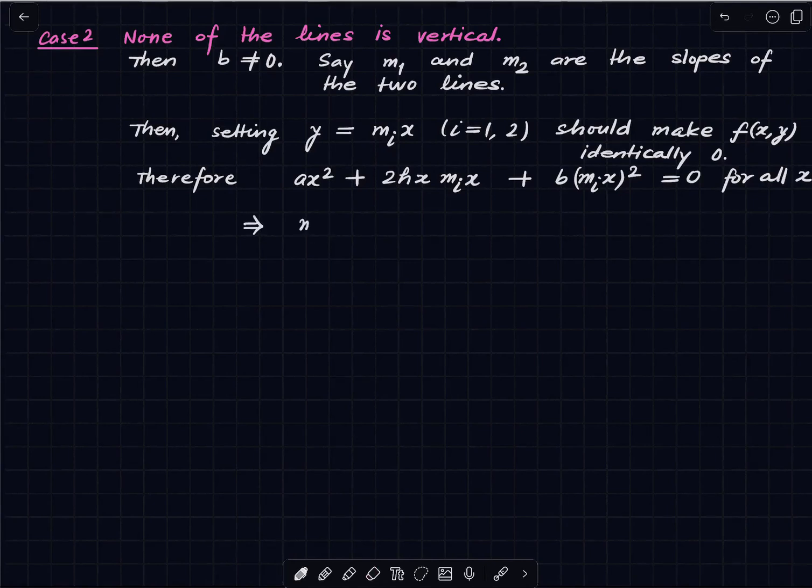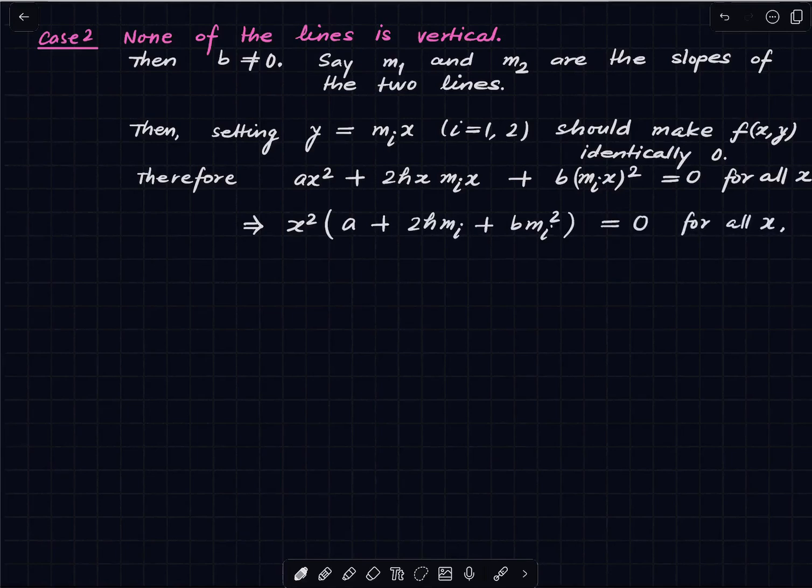So let me take x squared out: (a plus 2h m_i plus b m_i squared) x squared equals 0. This is for all x.